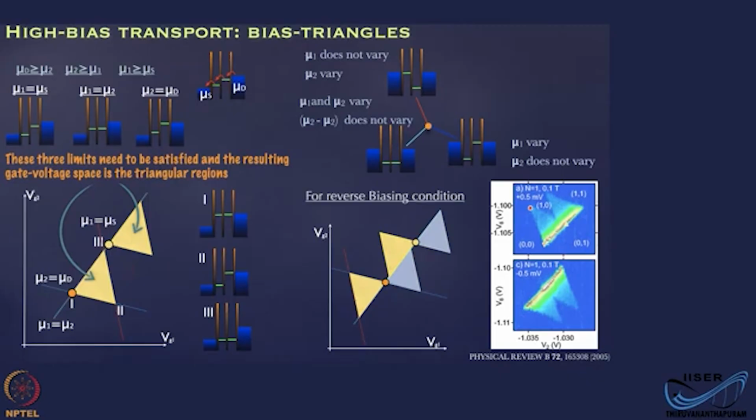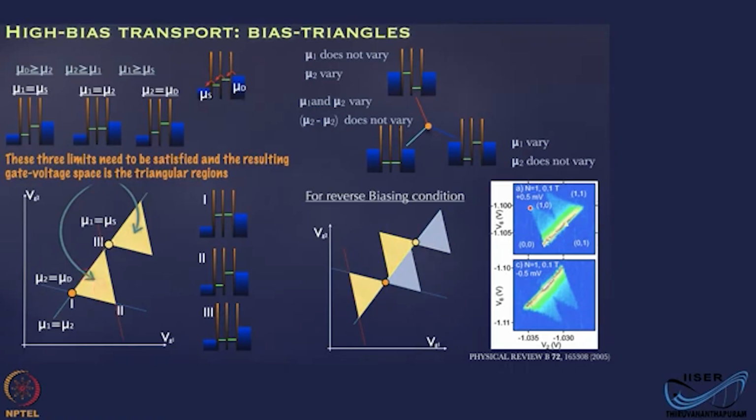So now we have two conditions: the area above this line and the area left of this line. And now the third condition is mu1 equal to mu2. The moment mu1 is greater than mu2, the transport is going to get blocked again, because dot 2 will be blockaded, no transport will happen. That means the gate for mu2 should be more negative or less positive.